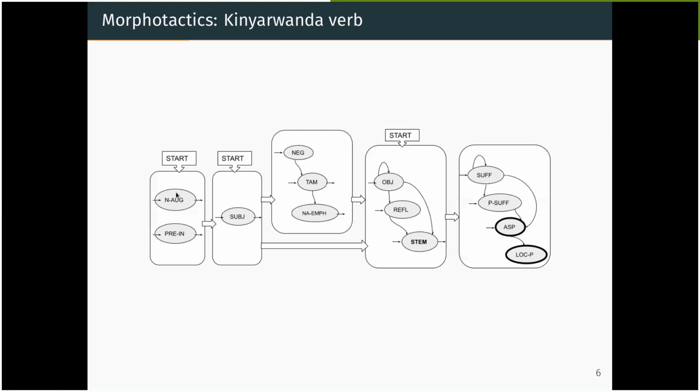If I want to parse something as a verb, I first need to know if there's a prefix that matches a nominal augment. If there is, I strip it out, and then I keep on stripping off all of the pieces until the end. So that's the engine. It's obviously going through the graph and picking out prefixes until you remain with the stem.